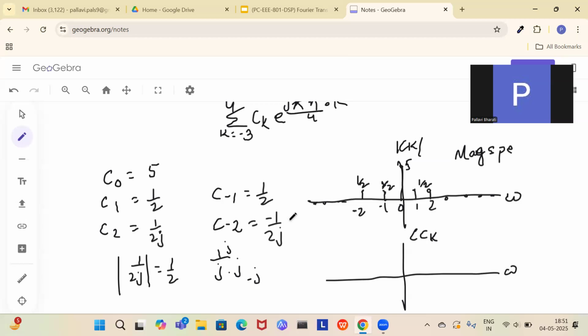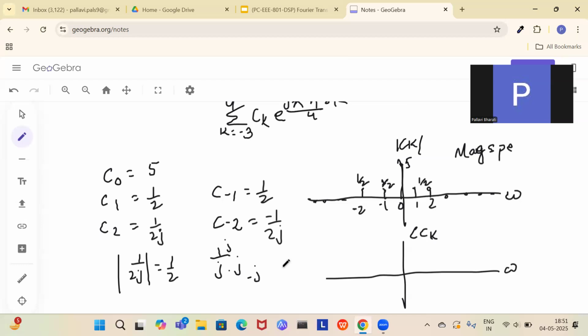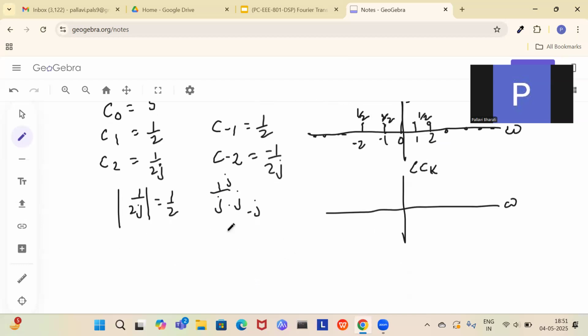And for c of minus 2, what will that be? For c of minus 2, it is going to be half, because here you already have a minus sign. So minus 1 by j, if you take, then it is going to be half, minus 1 by j into j into j. So this j square will become minus 1, and this one will be minus j. So this minus gets cancelled. Here you have just j and for the other case you had minus j.